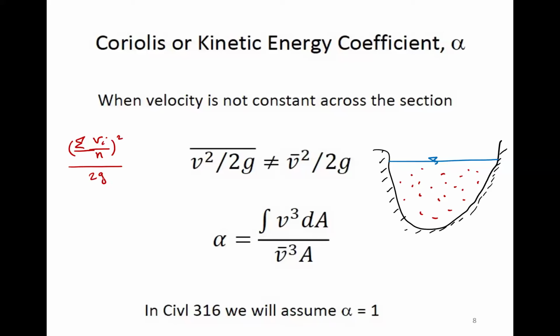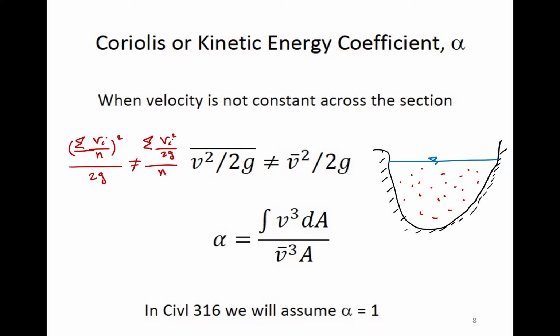So all the velocities, average them, and then convert them to velocity head. This is not equal to averaging velocity heads. So sigma V_i squared over 2g, and then average it, divided by n. These two are not equal.